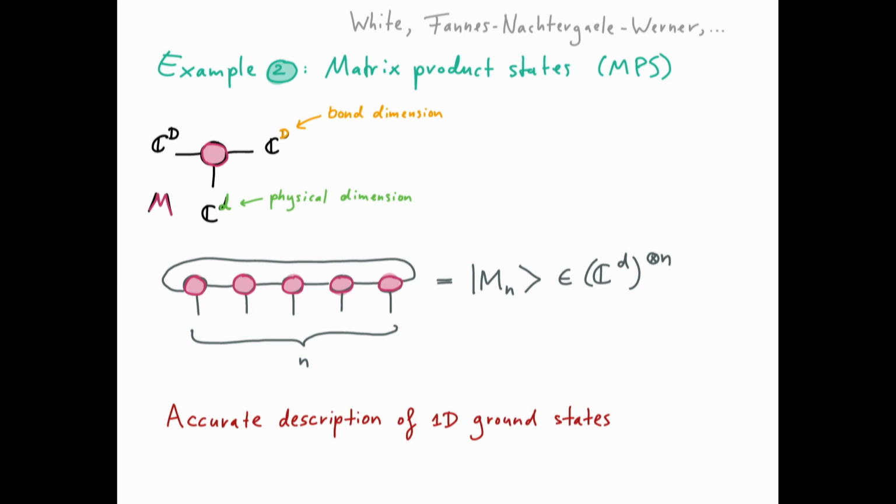One of the great features, and they have many great features actually, is that they give a very accurate description of one-dimensional ground states. You can prove this rigorously, but also in practice it just works really well. And in Adam's talk, we saw that they were used to simulate time evolution, which is a slightly different problem.